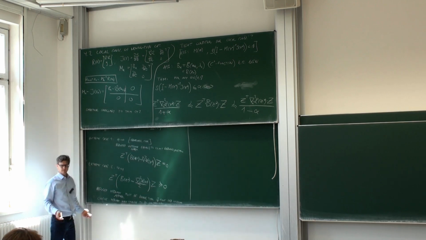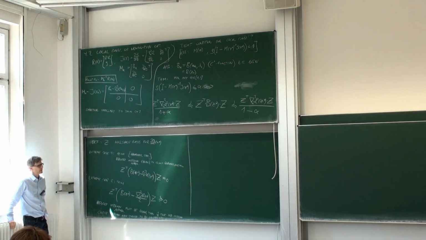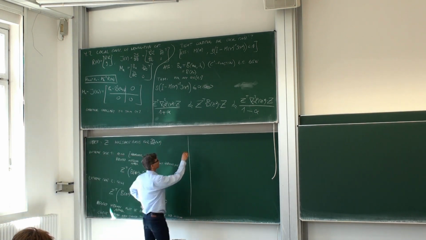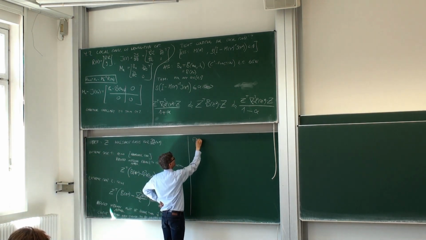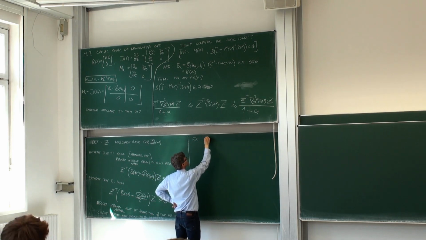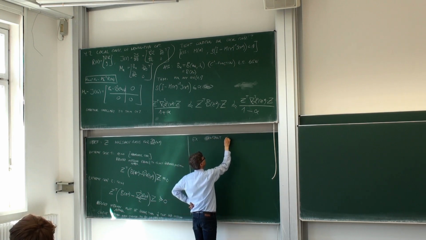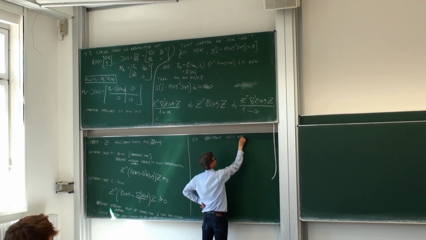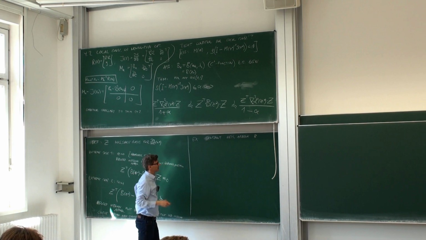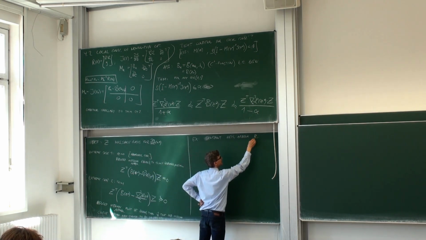I want to give you an example for this, because otherwise it's a bit useless. As an example, I will choose a constant Hessian approximation B, and I will only regard the unconstrained case.